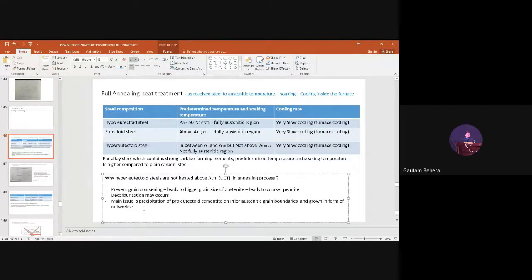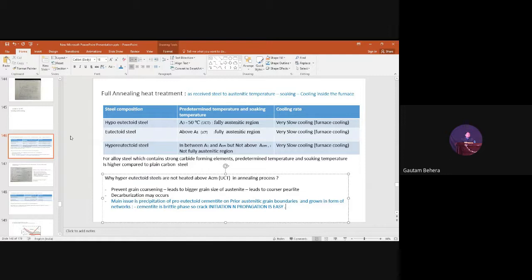The material will get failed, right? This is the main answer to this question.